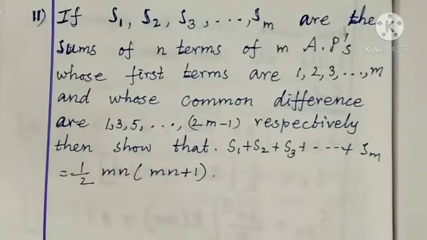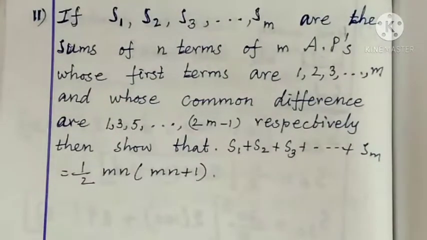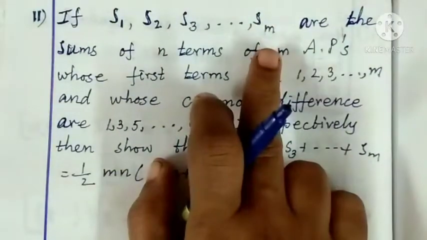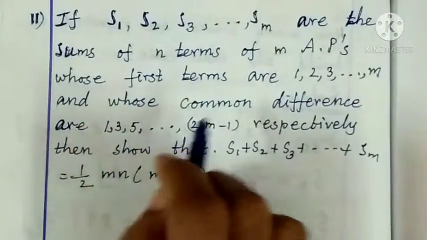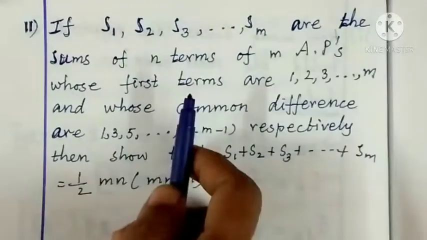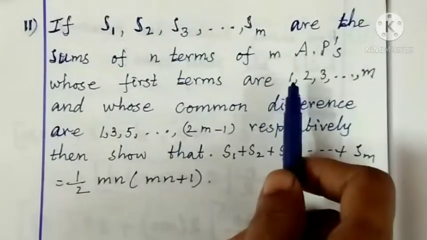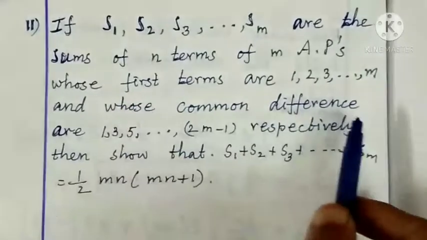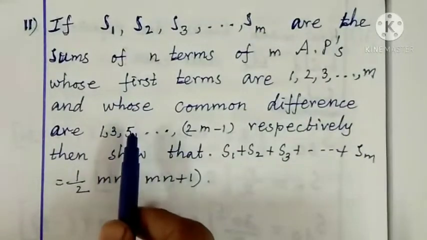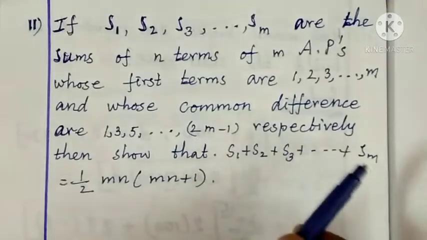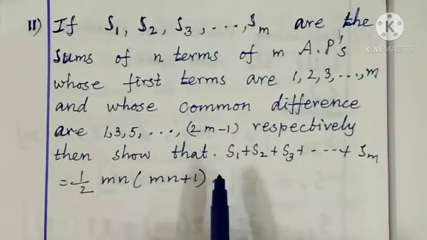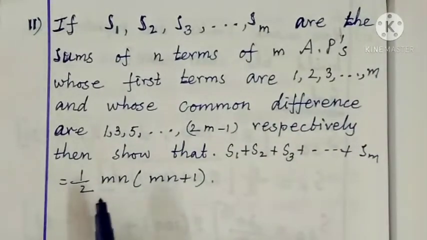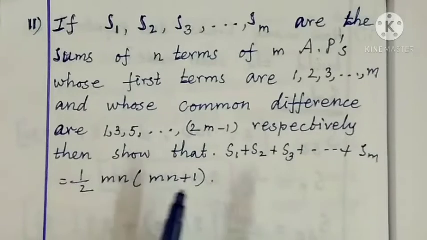Now, we move on to the 11th sum. See the question. If S1, S2, S3 up to Sm are the sums of n terms of m APs whose first terms are 1, 2, 3 up to m and whose common differences are 1, 3, 5 up to 2m minus 1 respectively, then show that S1 plus S2 plus S3 up to Sm is equal to half into mn into mn plus 1.